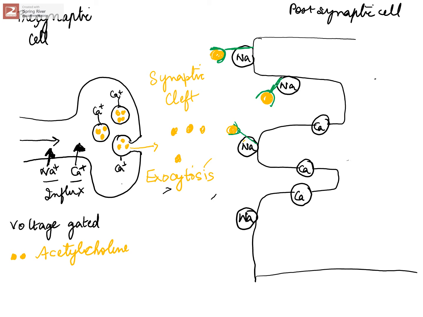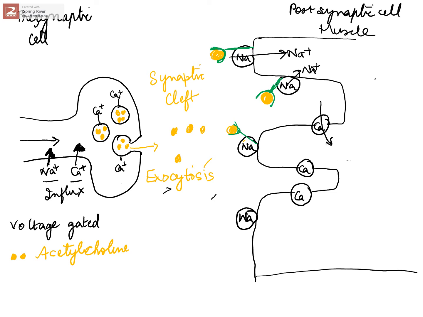The sodium channels open up, and there's an influx of sodium ions into the muscle cell. Now there's a whole bunch of them on the surface, but for ease we're just going to mark up 2 of them. When there's an influx of sodium ions into the muscle cells, this is a muscle cell, it disturbs the electrical activity inside the muscle cell, and now it causes opening of voltage-gated calcium channels.